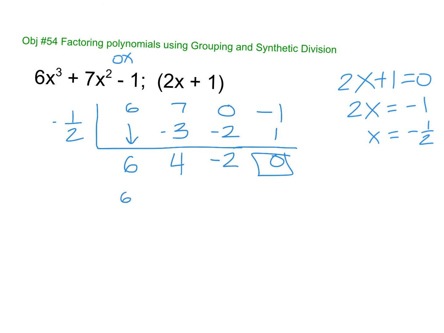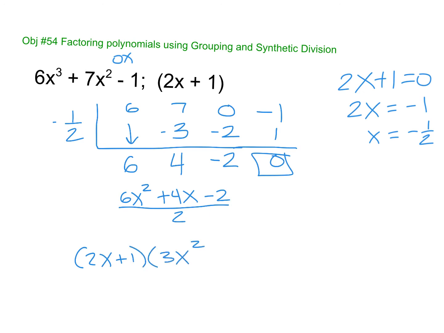So now we have 6x squared plus 4x minus 2. But remember, we have to do something. What do we have to do? We have to divide by 2. Right? So we have that 2x plus 1. And then we get 3x squared plus 2x minus 1.